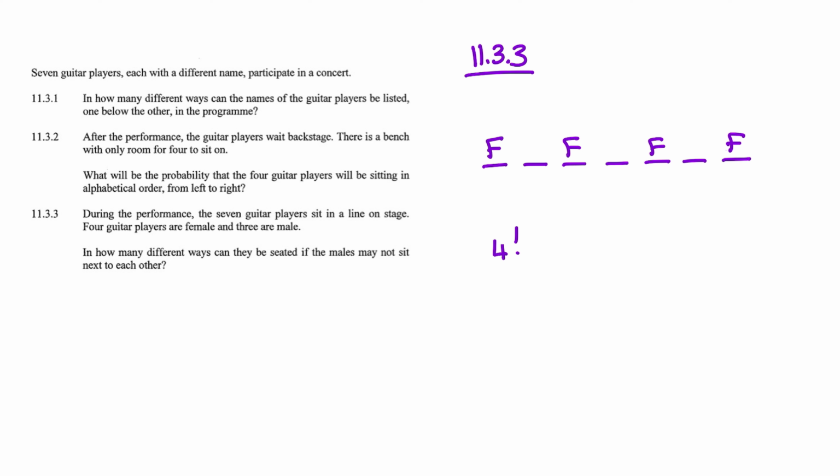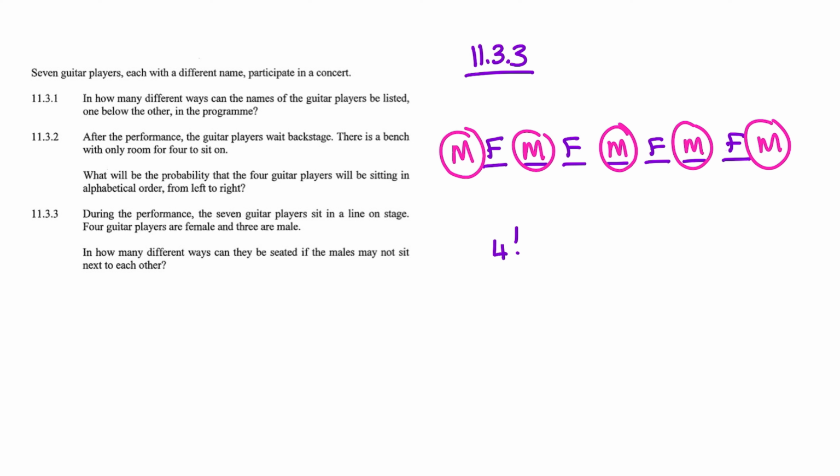Now think of males. We can start the line with a male. Then we'll have male, female, male, female, male, and then the last seat would be female. So we can start with a male, or we could have males in the second seat and not start with a male, or a male could be in the third seat, or in the 4th or 6th seat, or if I don't start with a male, I can end the line with a male.